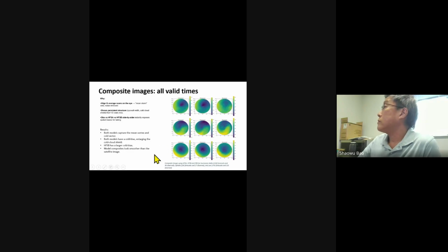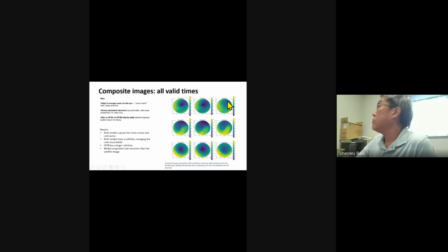One is that both HAFS A and HAFS B are able to capture the mean vortex structure and the cold sector. So for example, in this Hurricane Idalia, we can see the cold clouds are located, on average, in the northeastern quarter of this domain. And the same thing happened in the observation.